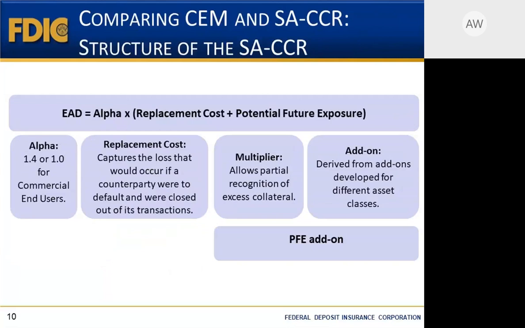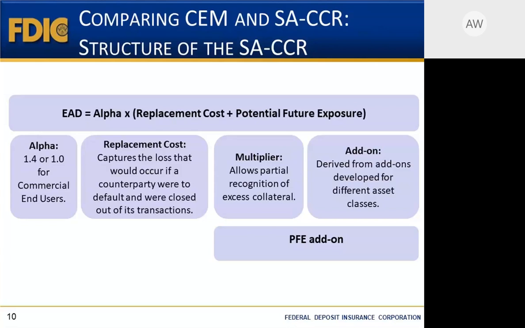The EAD under SA-CCR is a product of alpha times the sum of replacement cost and potential future exposure. As we will cover later, alpha typically will be set at the level of 1.4 unless it is applied to commercial end user counterparties. In that case, the value of alpha is 1, meaning there is no alpha there.